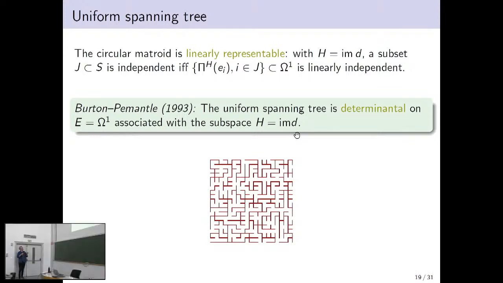It has been shown that if you fix a point in the middle and you look at the unique path joining this point in the middle to this point here, you take a scaling limit, this converges to what is called SLE2. And if you look also at the curve winding around this random maze, you will get what is called SLE8. So this was the famous work of Lawler, Schramm and Werner.